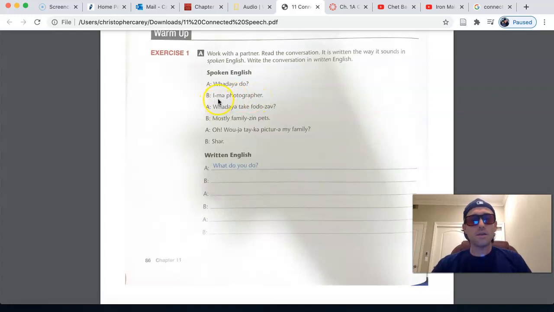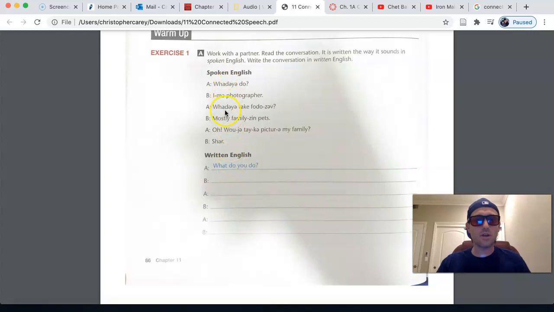I'm a is connected speech for I am or I'm, I apostrophe M. So you would write that here. I am a photographer, or I'm a photographer. But notice when we try to say it the way we write it, it just doesn't flow. Connected speech is all about creating that rhythm that we've been looking at in the previous couple chapters.